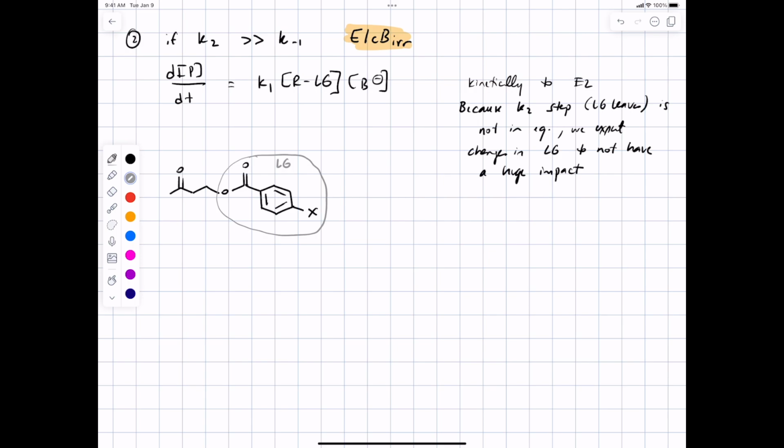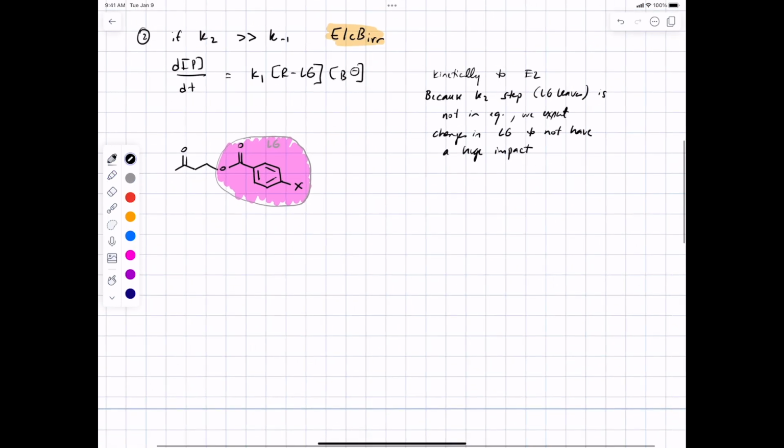And you can tell the people that did this were thinking about changing the quality of the leaving group by adjusting the identity of the X group. That looks like a situation for standard Hammett analysis. We would add base, and in a slow step, we would remove the alpha proton to get the enolate conjugate base of our starting material.